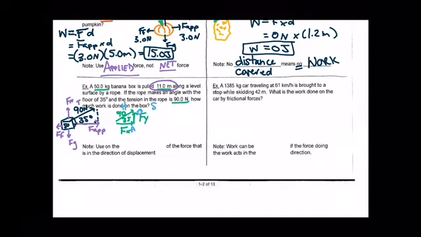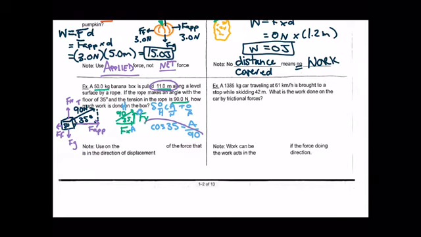So we're going to use the trig SOHCAHTOA. And I'm going to use cos. So I'm going to do cos of 35, which is adjacent over hypotenuse, to find my f of x, which is my adjacent side.